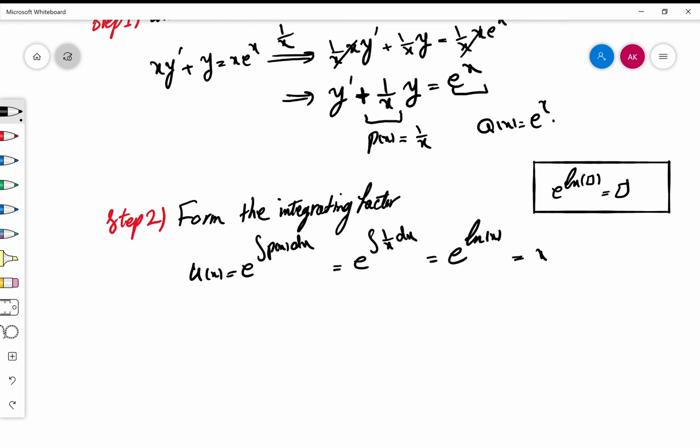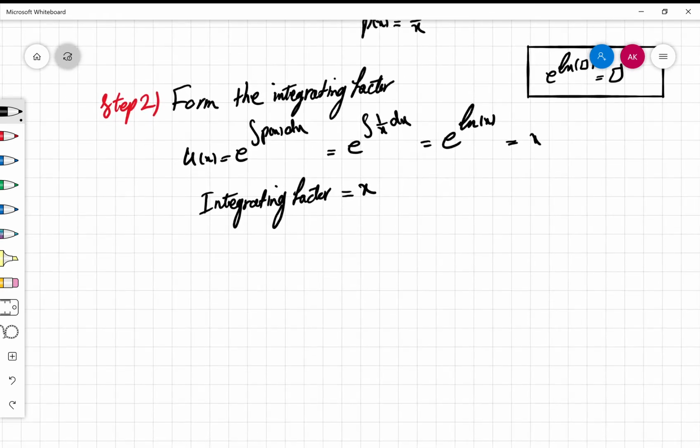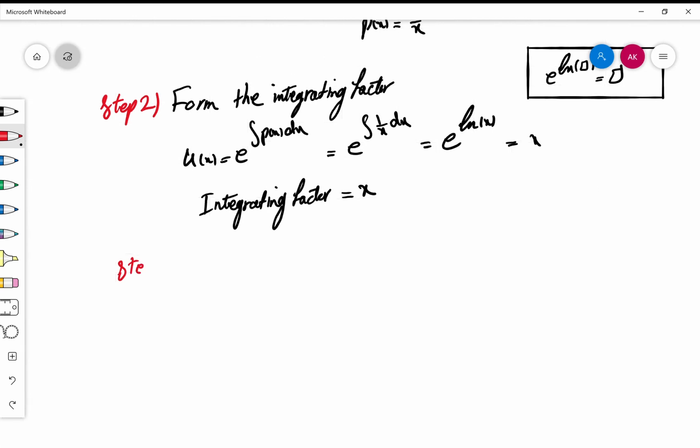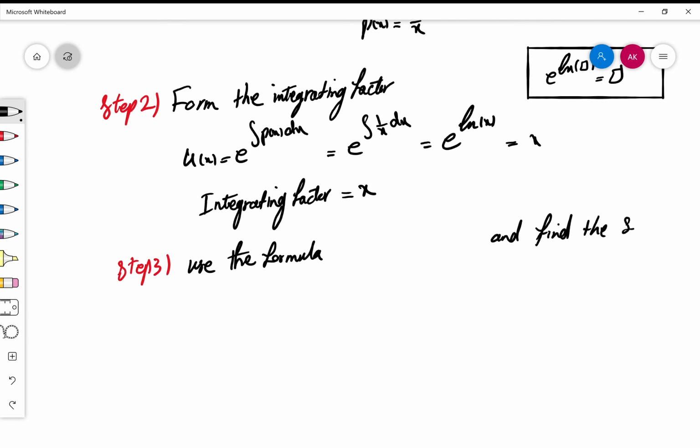So the integrating factor here is equal to x. Very nice. When you have that, step 3 is use the formula and find the solution.